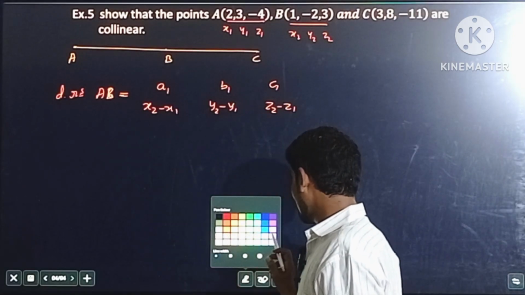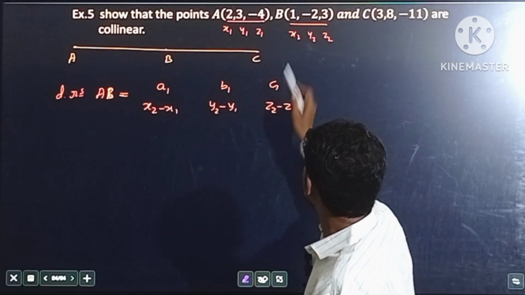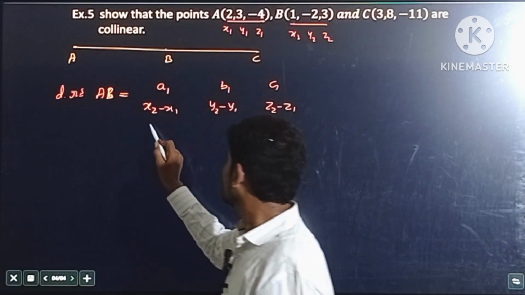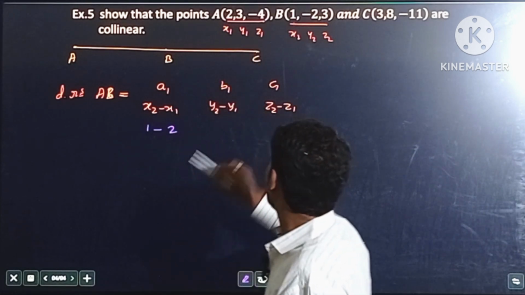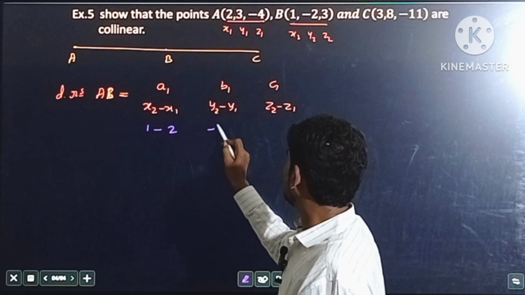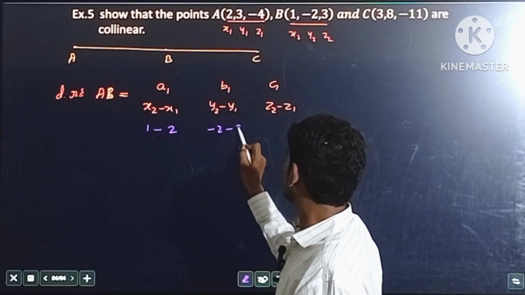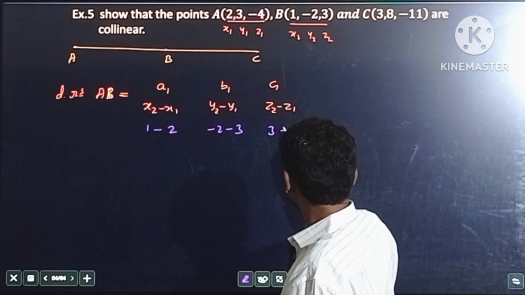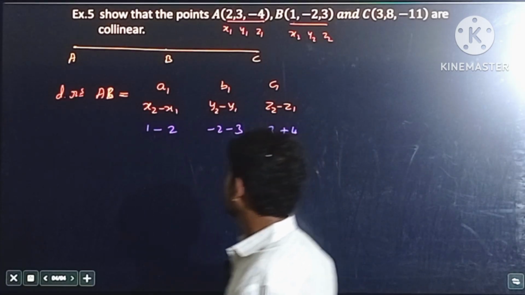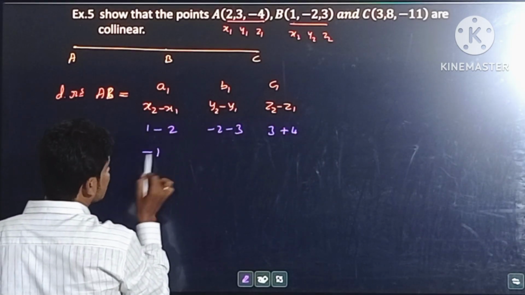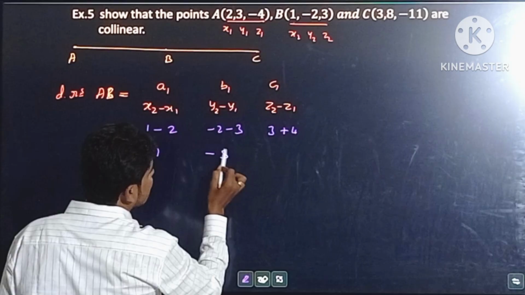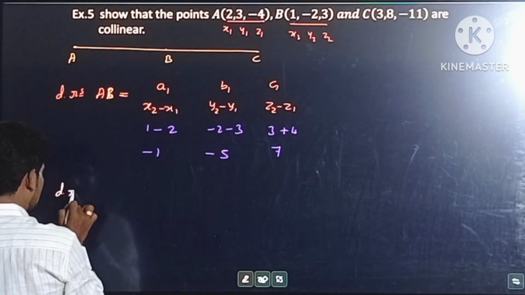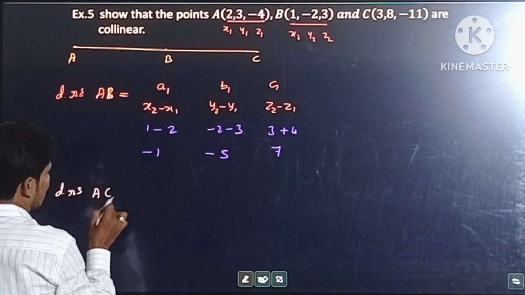Here the value of A1 is x2 minus x1, that is 1 minus 2, which is minus 1. B1 is y2 minus y1, that is minus 2 minus 3, which is minus 5. And C1 is z2 minus z1, that is 3 minus minus 4, which is plus 7. Therefore A1 is minus 1, B1 is minus 5 and C1 is 7.